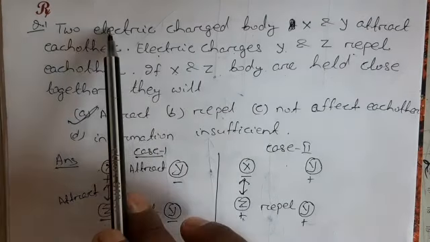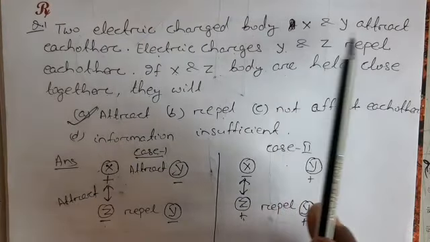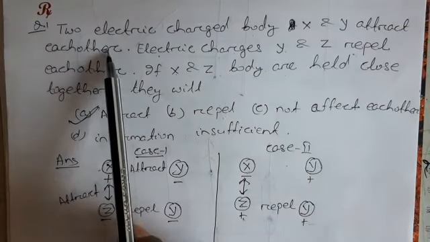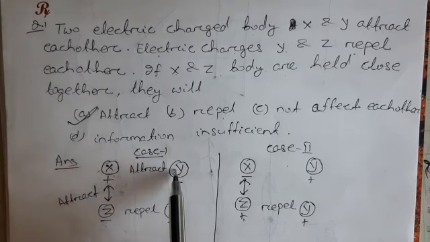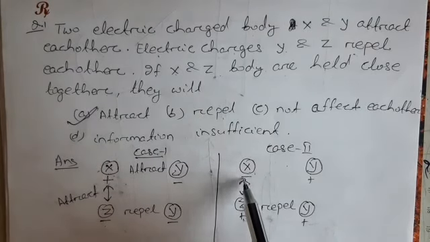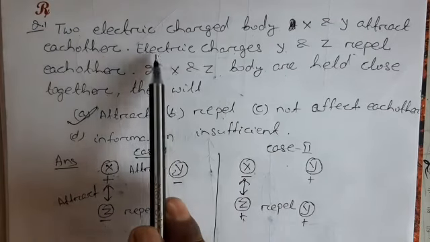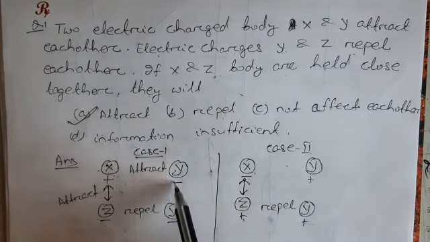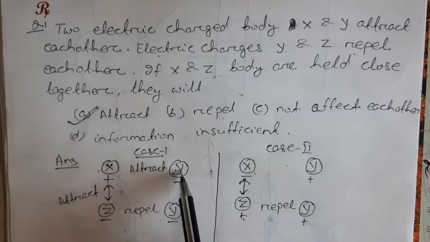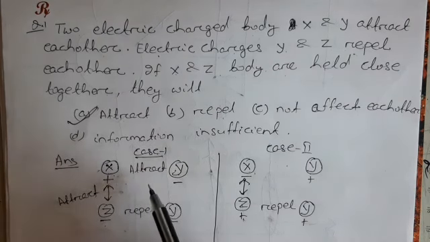Again I am telling, two electric charged bodies x and y attract each other, means I have taken case 1, x positive and y negative, and case 2, x negative and y positive. Electric charged bodies y and z repel each other. Repel means whatever charge y contains, z must be the same type of charge.